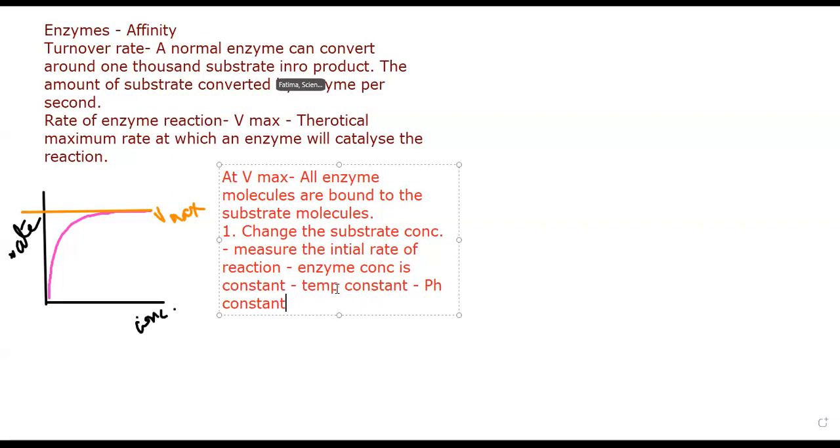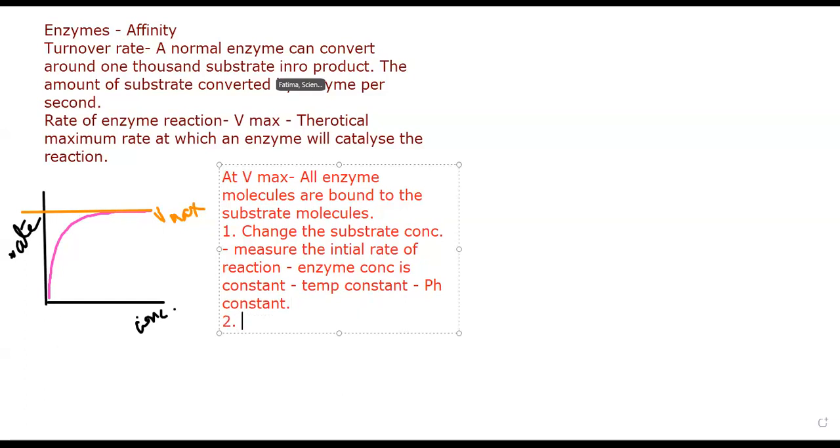After that, as the substrate concentration increases, your rate of reaction is going to increase until it reaches the maximum velocity. That's common sense.